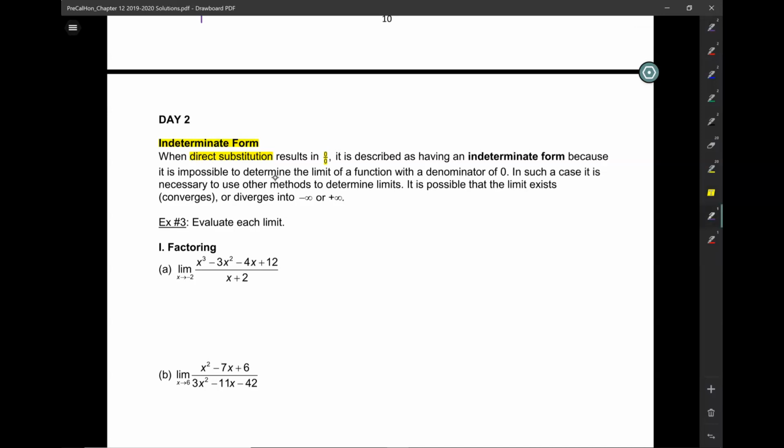You plug the value that x approaches into the numerator, you get 0. Denominator, you get 0. So you have 0 over 0. Now that's important. We're not talking about 5 over 0 or negative 3 over 0. It's that specific case where you have 0 over 0. That situation is said to be an indeterminate form.